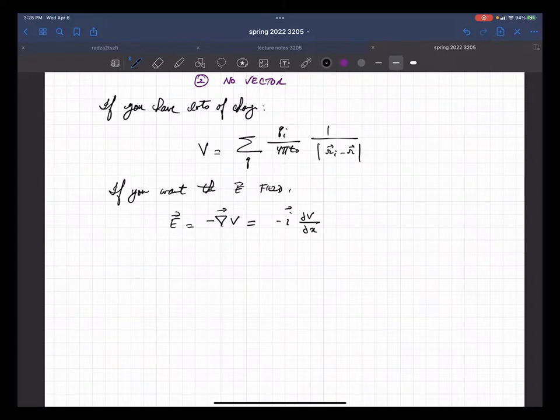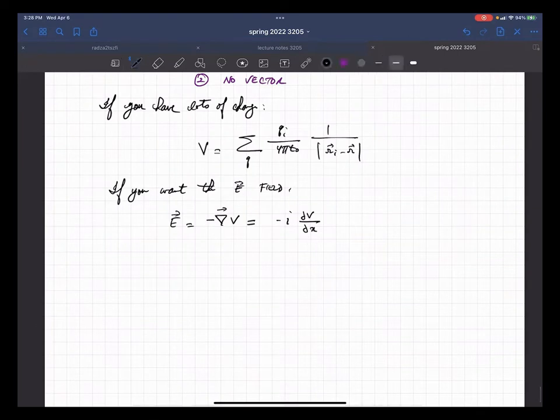That gives you a vector in the x direction for the electric field, a component there. So now you've gone from a scalar to a vector.